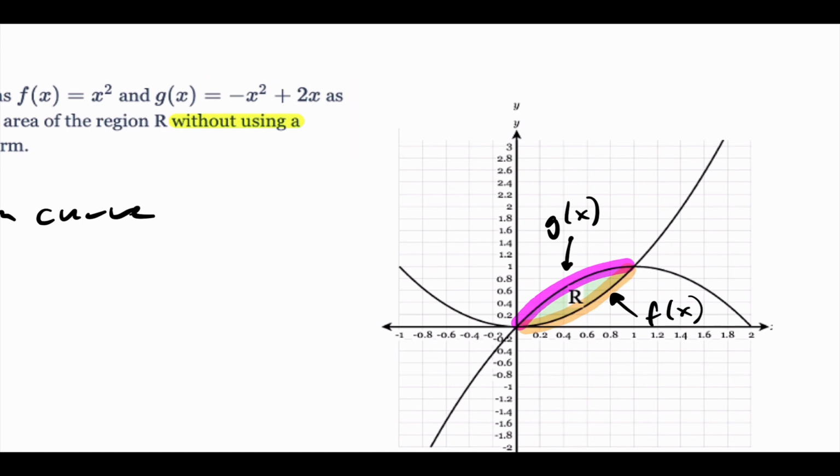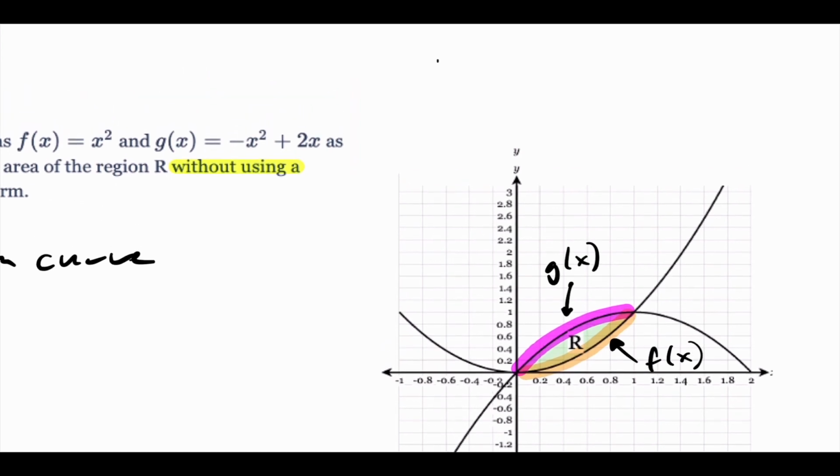Parabolas that have an upside down U shape usually have a negative in front of the function, but parabolas with the regular U shape don't have a negative. Exactly. Parabolas have two shapes, arrows up or arrows down.